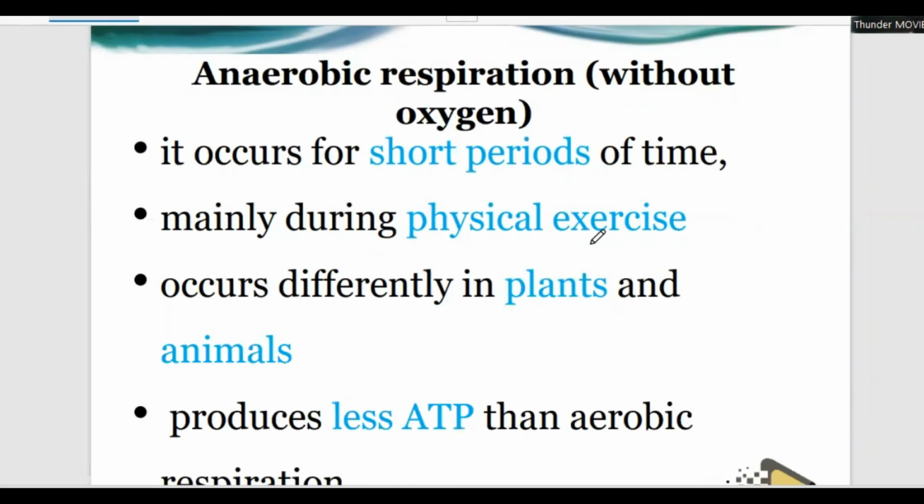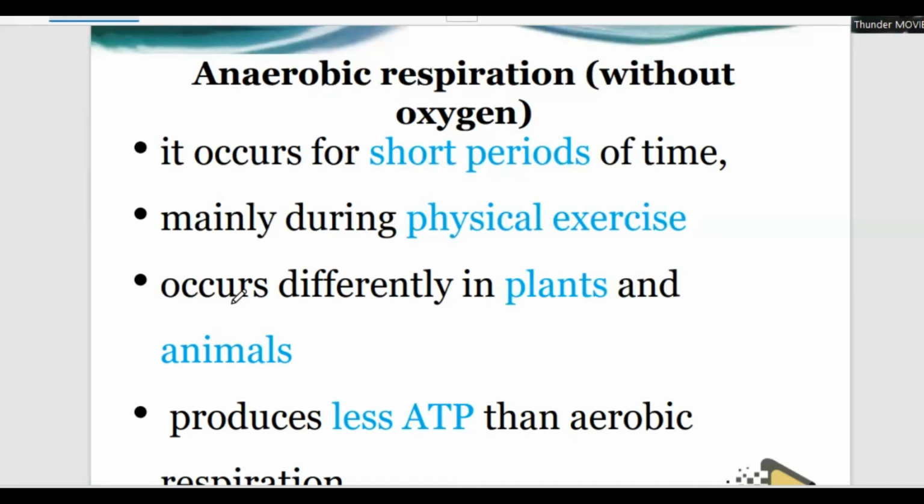So what happens? The body needs energy. So it is supposed to break down glucose without oxygen, and however much is beneficial, energy is being released, but it releases less energy. It means that you use a lot of glucose for a limited amount of energy being produced.